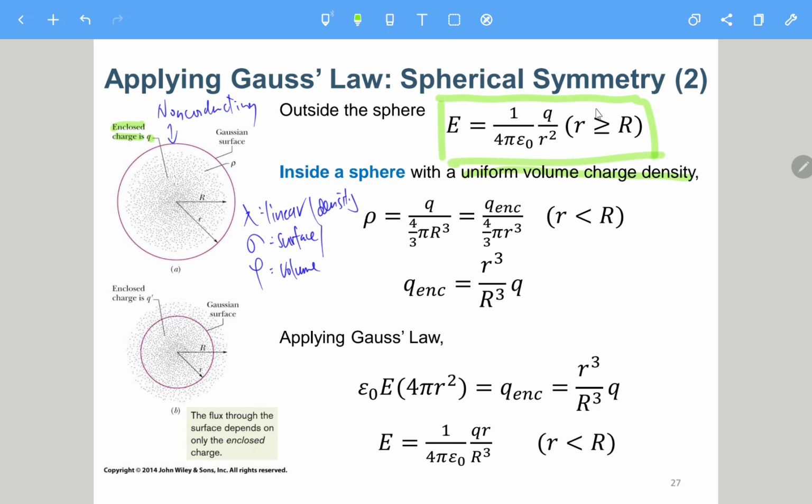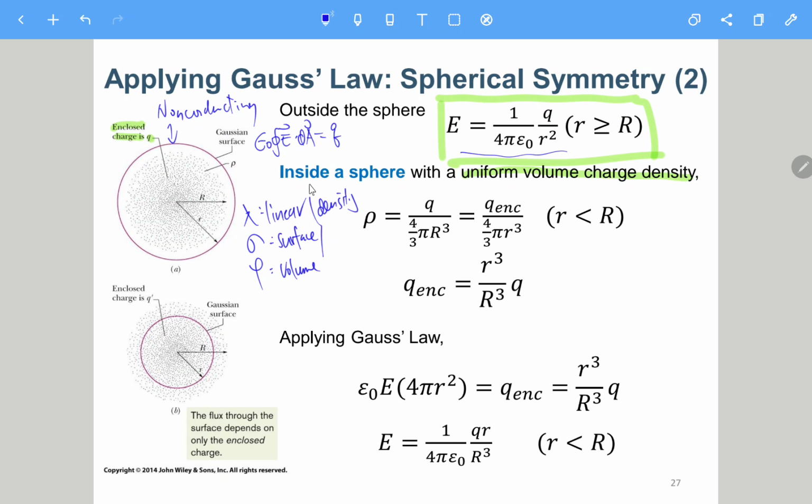It is nothing but this expression, because if you draw a Gaussian surface with a larger r than the radius of the sphere, then Gauss's law looks like epsilon naught integral of E dot dA equals Q enclosed, which is nothing but Q. On the left side it is the same as the previous page, epsilon naught times E times 4 pi r squared. So it turns out to be the same expression.